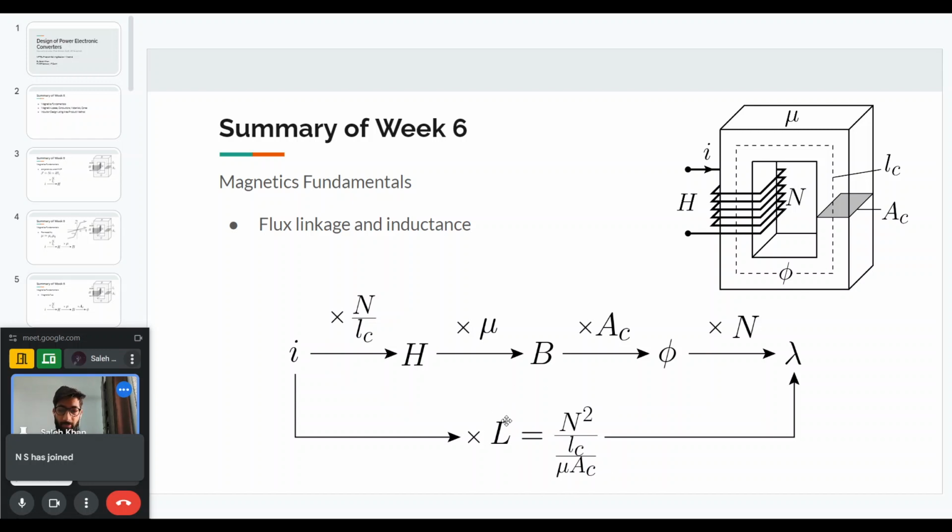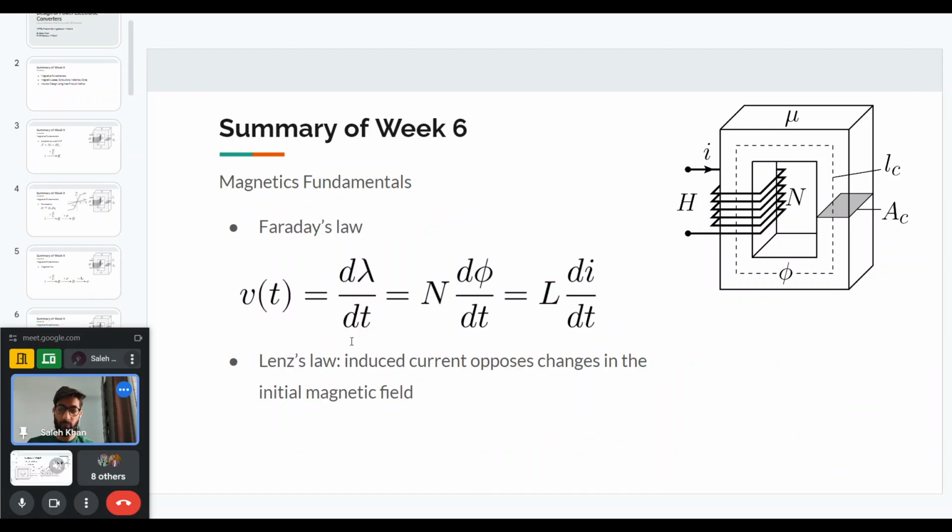So now we have a law that is called Faraday's law. It basically tells us that if this flux linkage changes, then a voltage is induced in that winding. So if the flux linkage in the winding changes, then a voltage will be produced which will be equal to the derivative of this flux linkage.